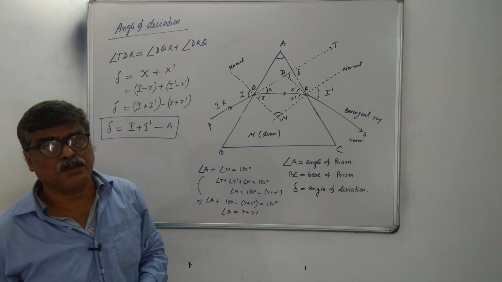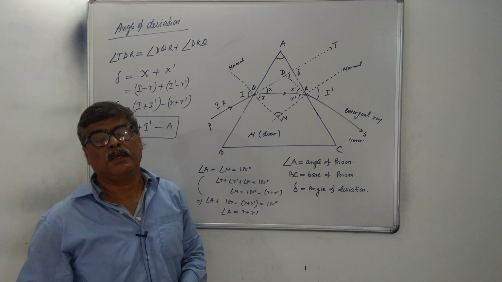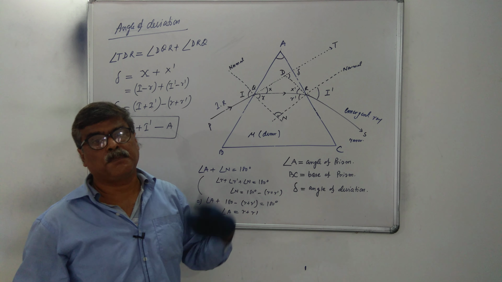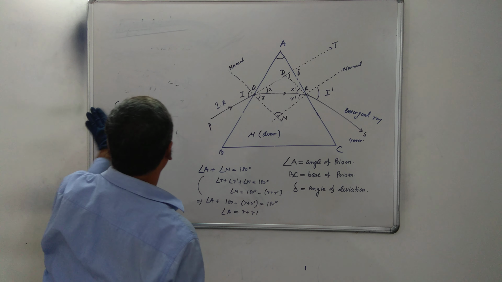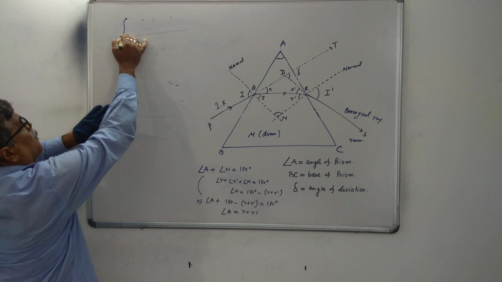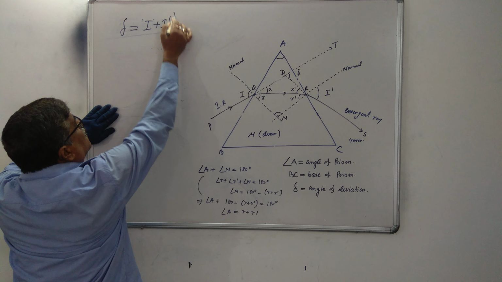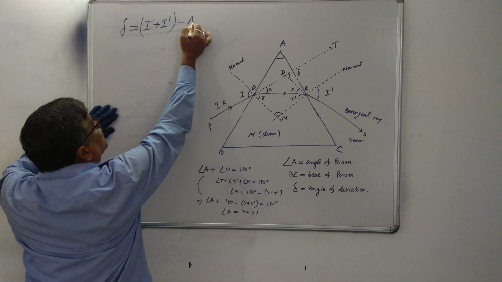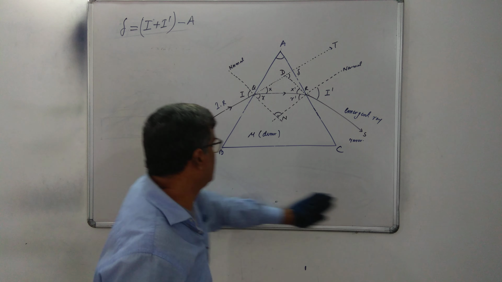From this angle, we can measure the refraction when the light ray passes through the prism. The angle of deviation is equal to i plus i dash minus A. This is the formula.